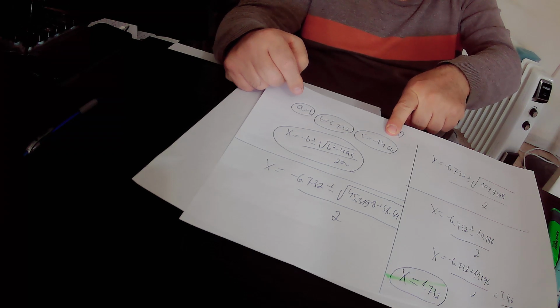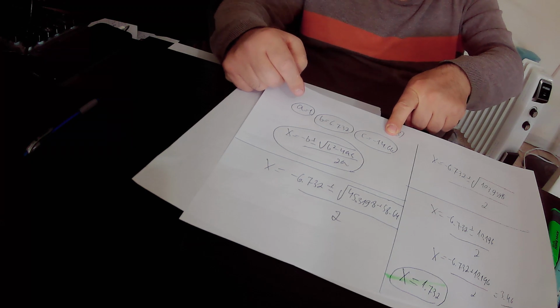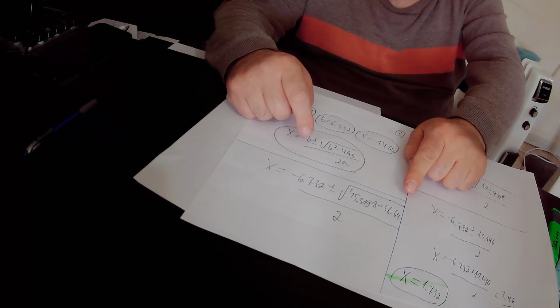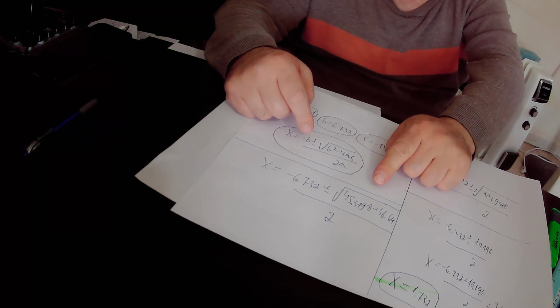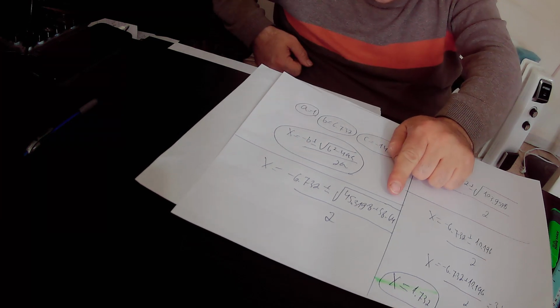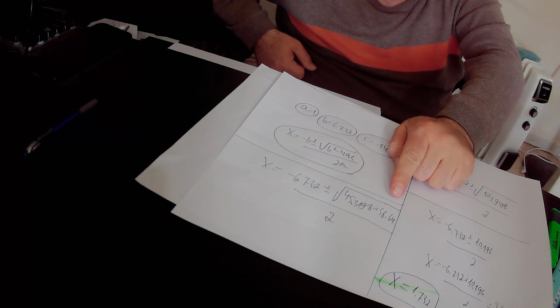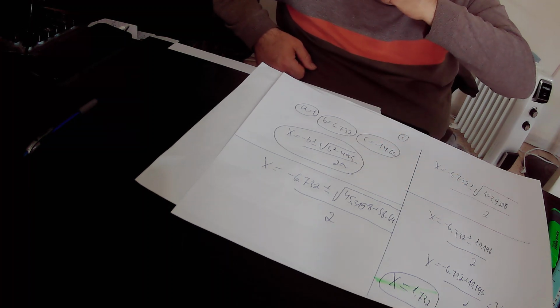And minus 4 times minus 14.66 equals 58.64. So inside the root we are left with 45.3198 plus 58.64, divided by 2.